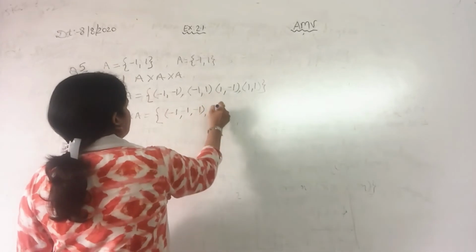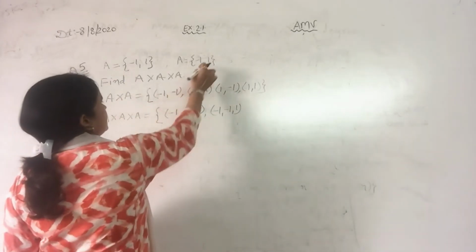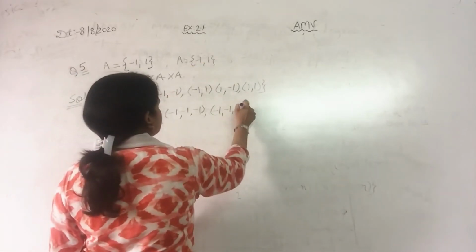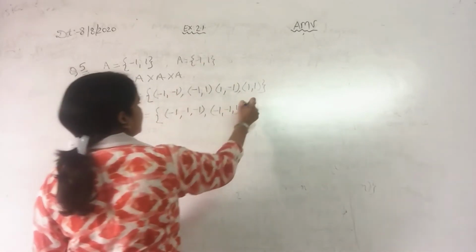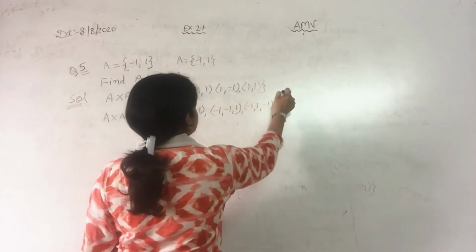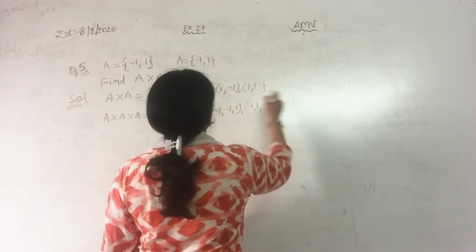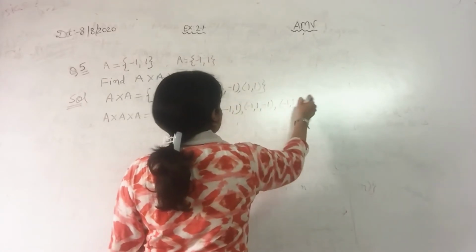Now (-1, -1, 1). This element with 1. Now take the second element, (-1, 1, -1). Now (-1, 1, 1).